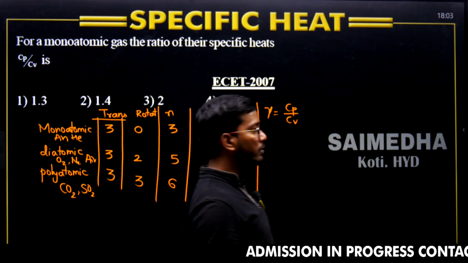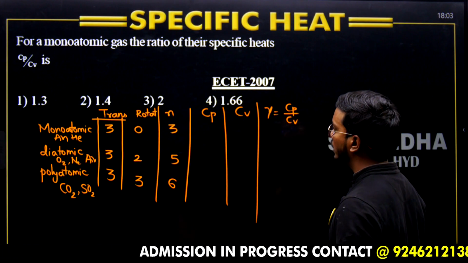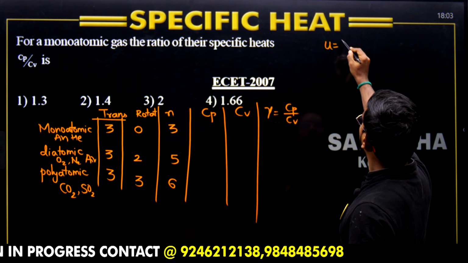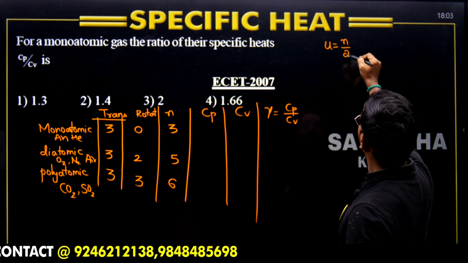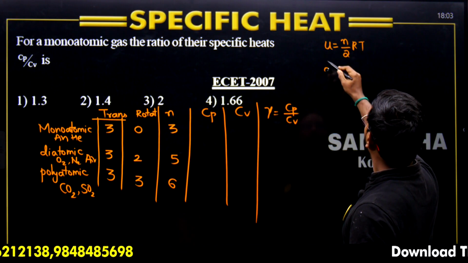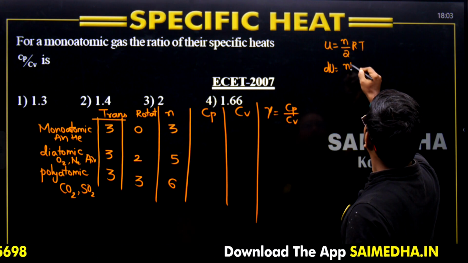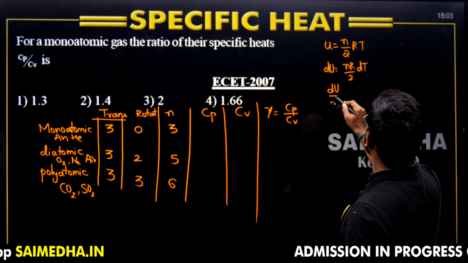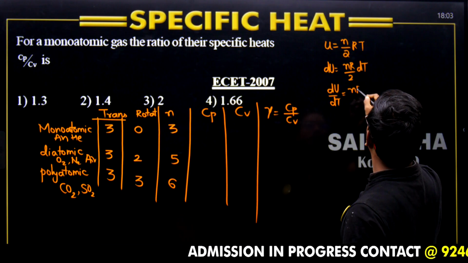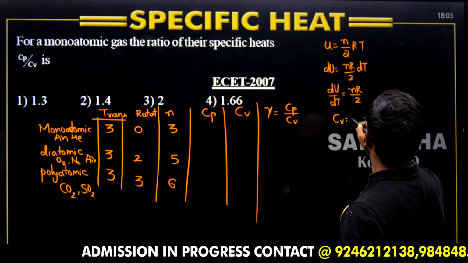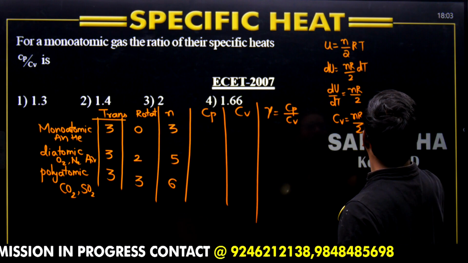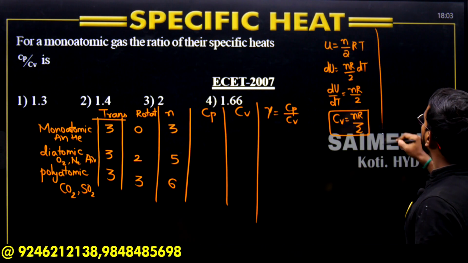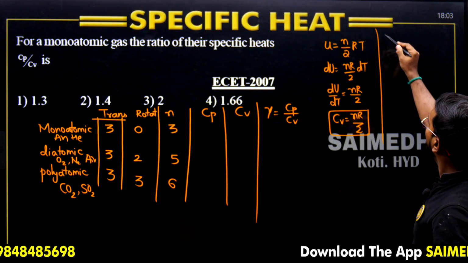Now, what is the formula for Cp and Cv? Okay. You should know that the internal kinetic energy of the molecules is equal to N by 2 times RT, where dU is equal to NR by 2 dT, and dU by dT is equal to NR by 2. dU by dT is called Cv. So, the Cv formula is NR divided by 2. Similarly, what is the formula for enthalpy H?